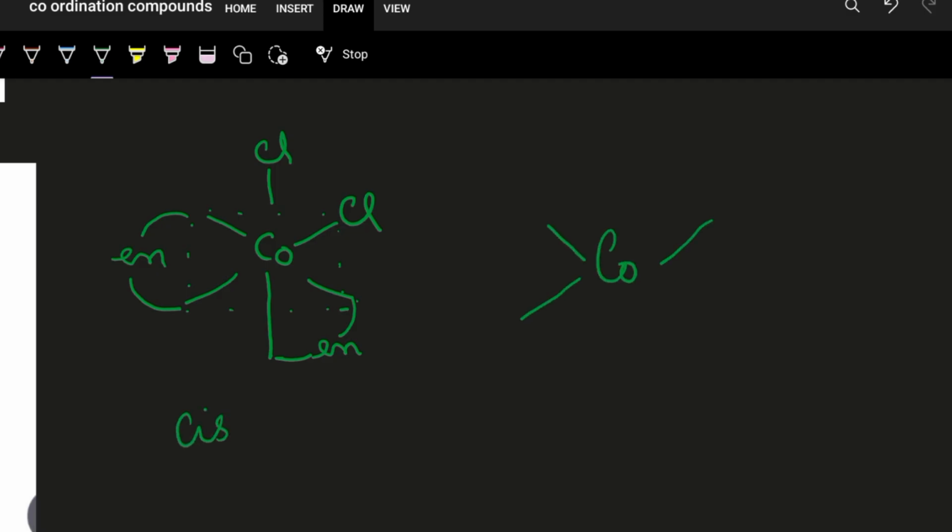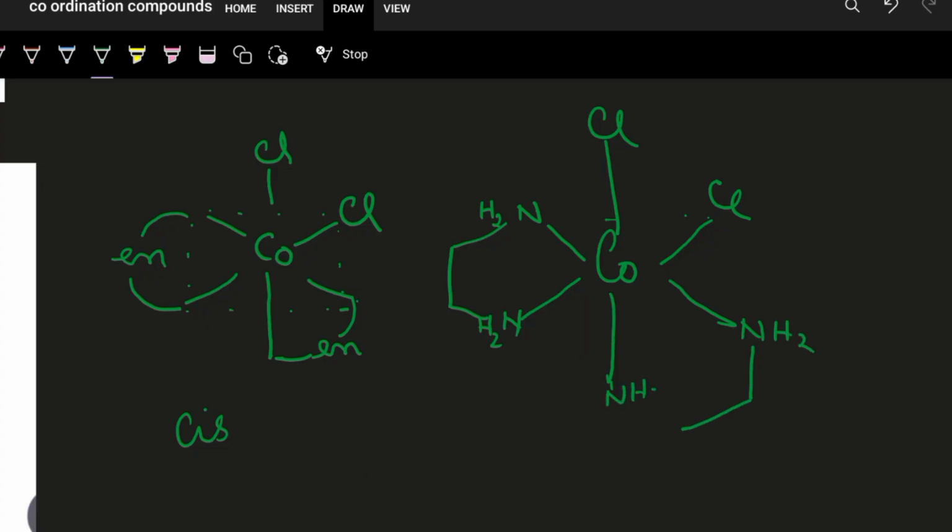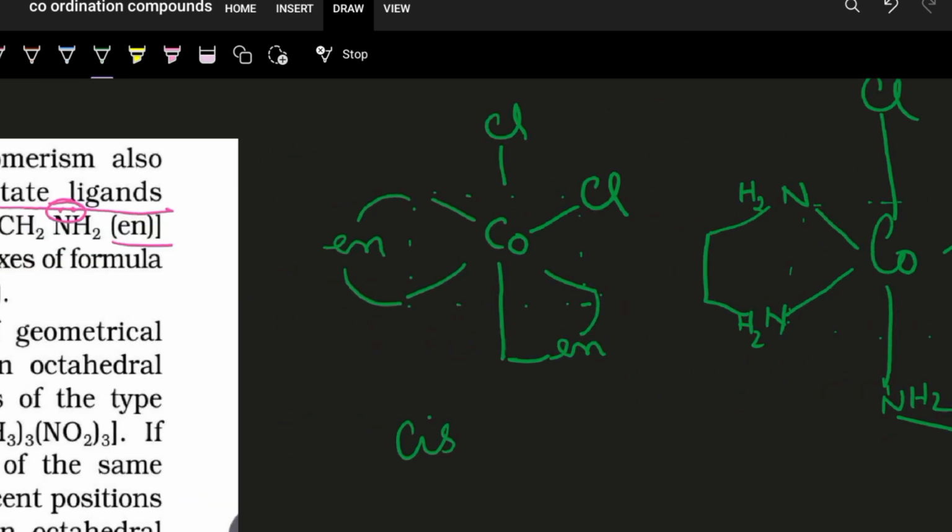So it is Co having Cl on adjacent positions, and en means NH2, CH2, CH2, NH2, joined in this manner. This is again your cis isomer. Looks complicated, isn't it? But it is not at all complicated if you understand and draw the structure.